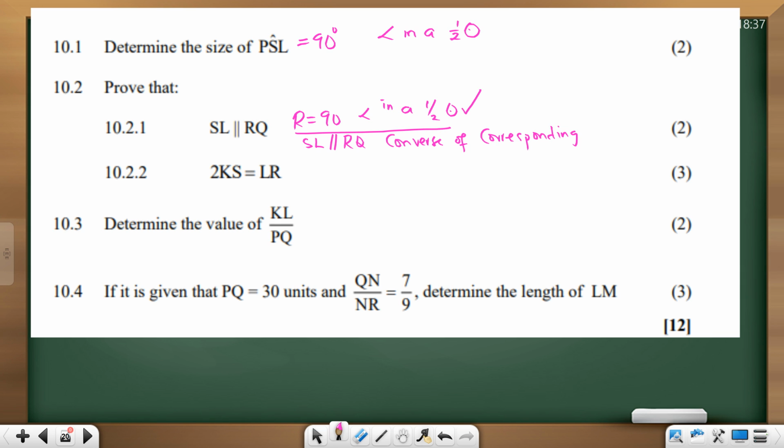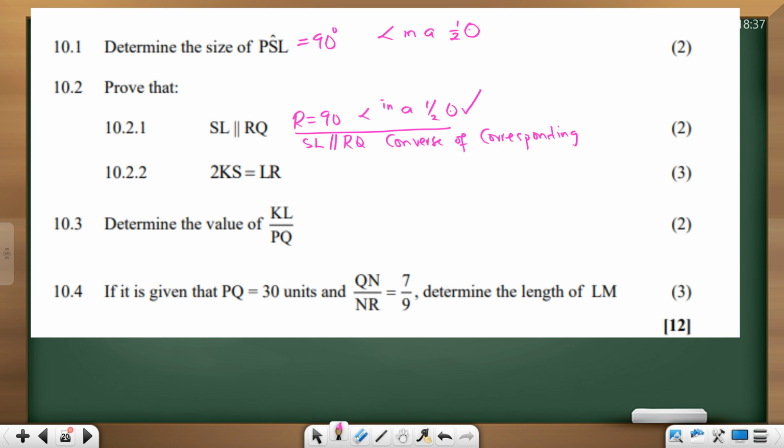If they gave me the line, I would have said those angles are equal, corresponding angles, right? But now I use the angles to find the line. It's converse. So make a note of that. Converse, when you use the angles to describe the nature of a line.